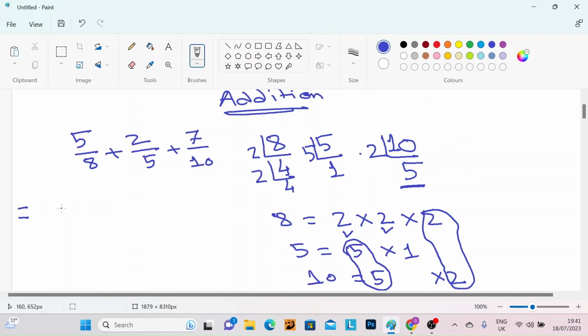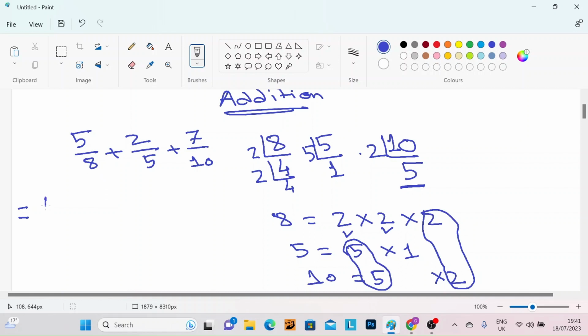We need to divide the LCM by the denominators and multiply the result with both numerator and denominator. Our LCM is 40. If we divide 40 by 8, we get 5.